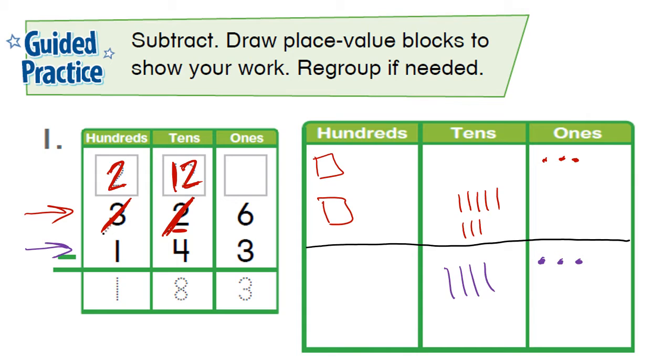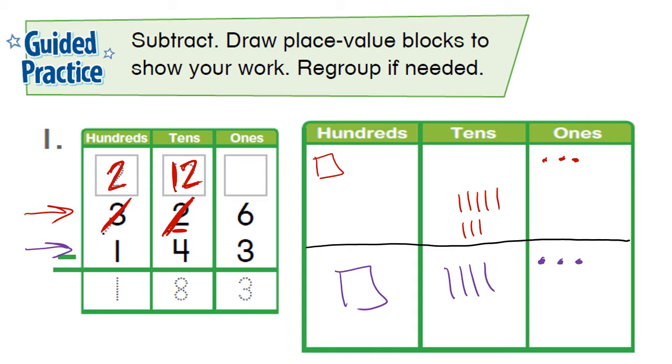Now I'm going to subtract the flats, or the hundreds. So I have 2 hundreds, I need to subtract 1. So I take 1 flat, and I place it in the bottom half. So what does our chart here represent?